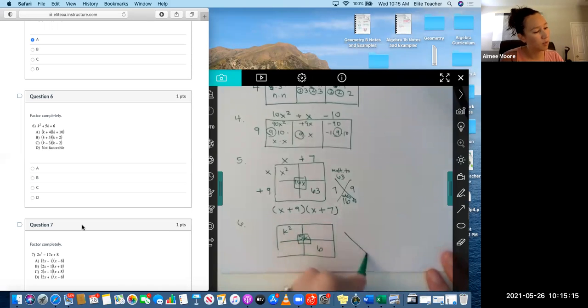So in this case, it has to multiply to 6 and add to 5.